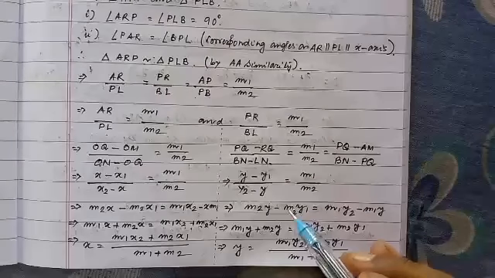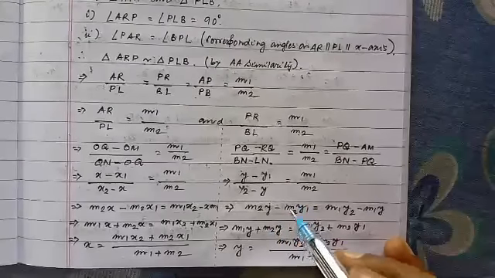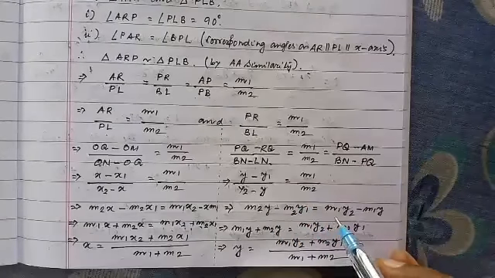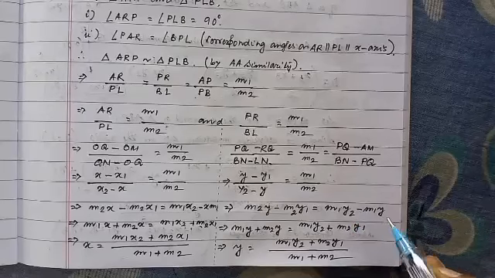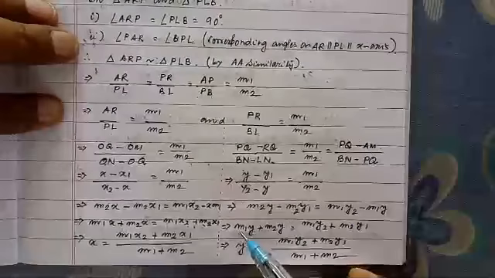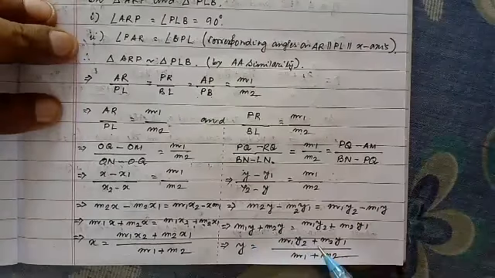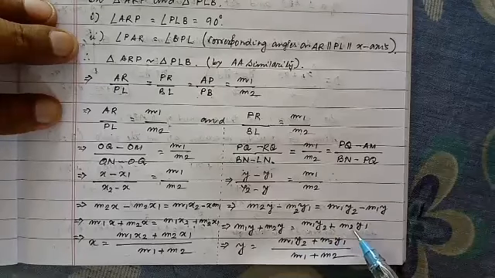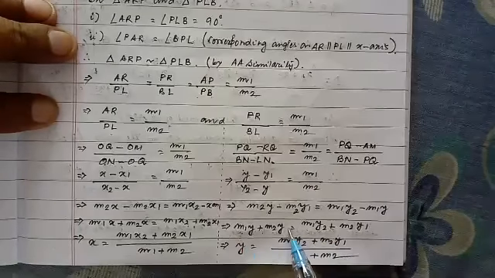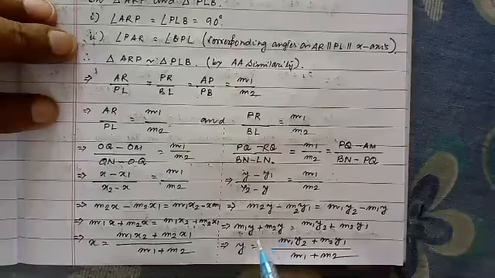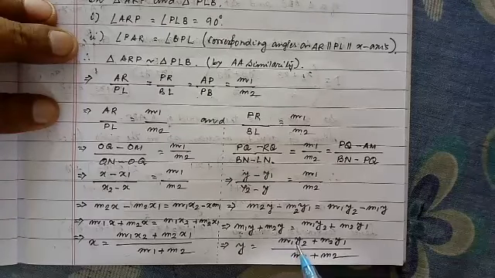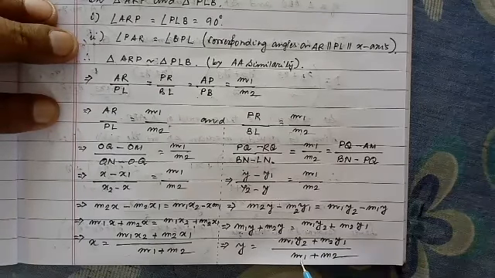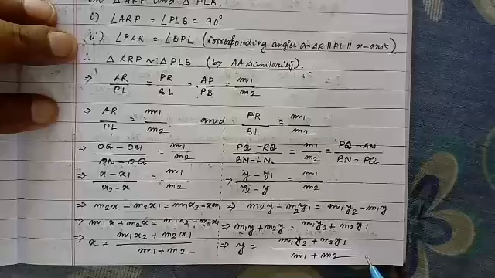Now cross multiplication gives m2y minus m2y1 is equal to m1y2 minus m1y. This implies m1y plus m2y is equal to m1y2 plus m2y1. Now y is common, so there remains m1 plus m2. Therefore y is equal to (m1y2 plus m2y1) by (m1 plus m2).